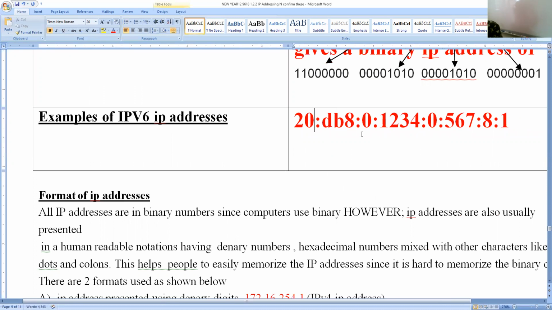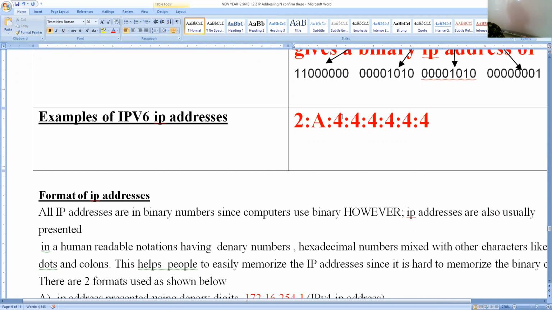Assuming we have an IPv6 IP address like this: 1, 2, 3, 4, 5, 6, 7, and 8. 8 parts.